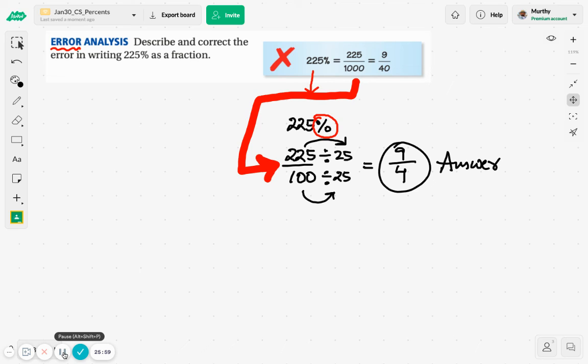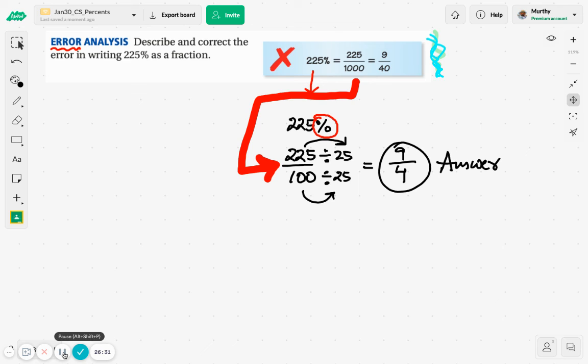I ended up with 9 over 4, but the given answer is 9 over 40. So once you solve the problem, you can compare how you have done and how the given one is, so that you can easily analyze what the error is. Just compare your working and check where the mistake is.